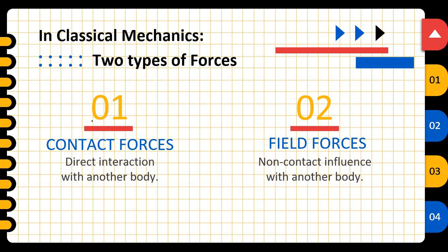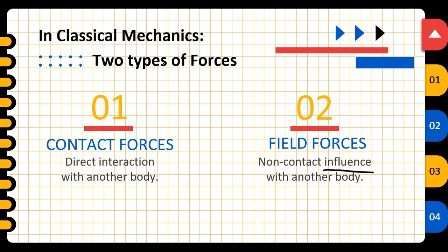However, for field forces, the word used in here is influence. So although there is not any direct interaction happening between two different objects or two different bodies, field forces happen due to non-contact influence with another body. So what is a great example of field forces?